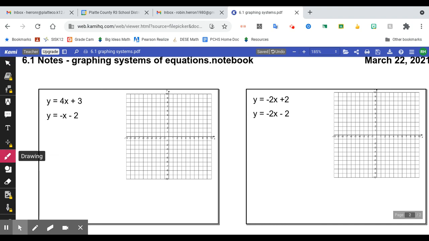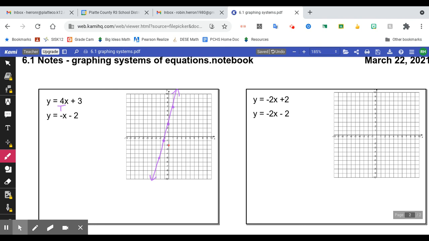Okay, so they're both ready to graph. Top one, I'm going to start at positive 3. Slope is 4 over 1, so up 1, 2, 3, 4 over 1. Other direction, 1, 2, 3, 4, left 1, 1, 2, 3, 4, left 1. There's that one. The other one, I'm going to start at -2.